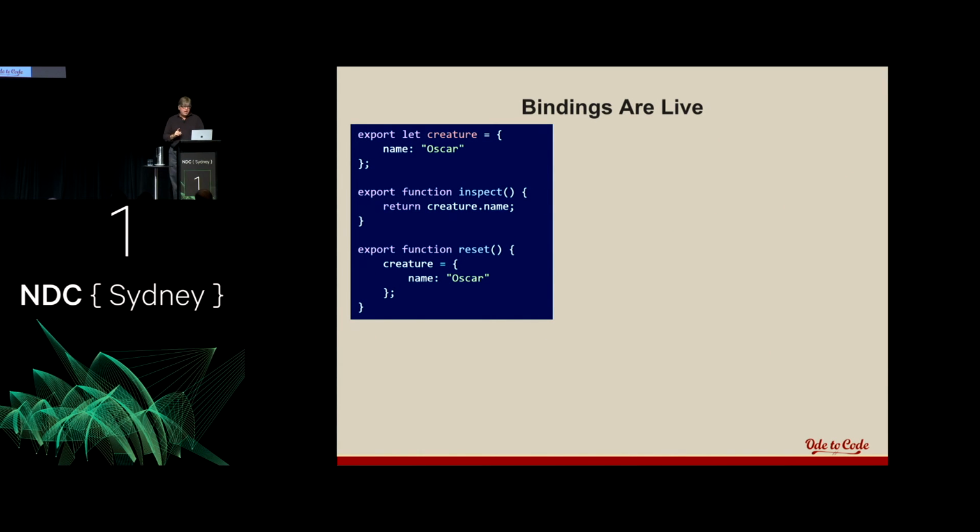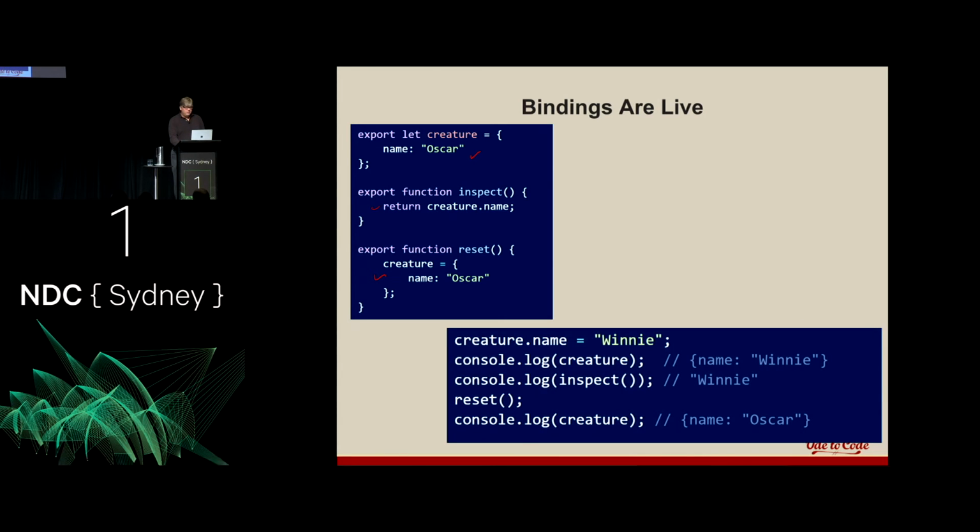And the bindings are live, so a slightly different example. We're going to export an object now with the name of Oscar. And then just some functions to do things like reset to a new object and inspect the name that module knows about. This behaves pretty much like you would probably expect. I can set the creature's name.